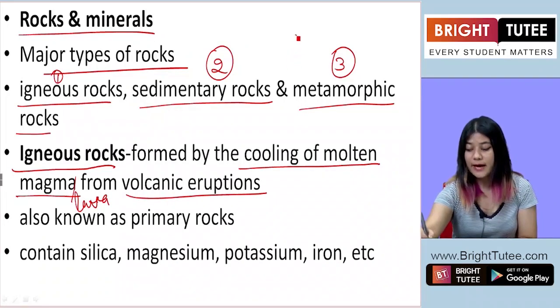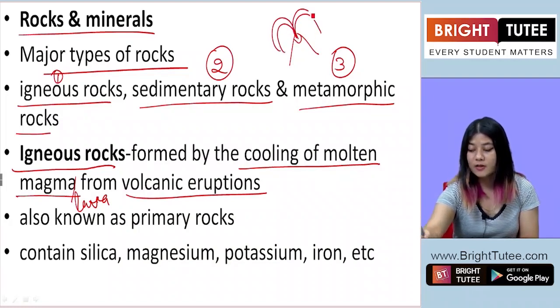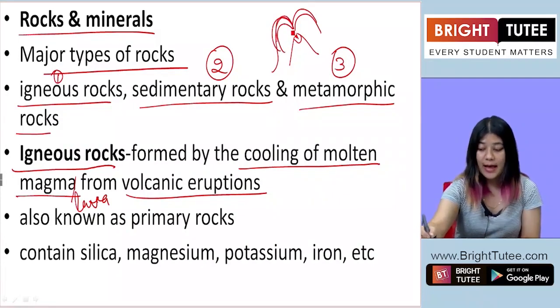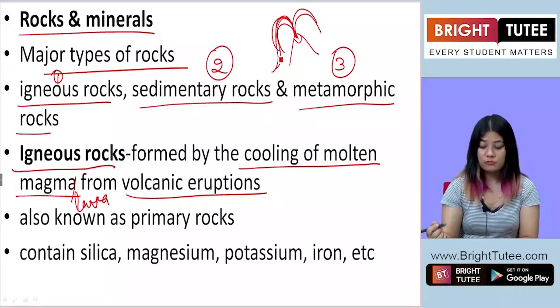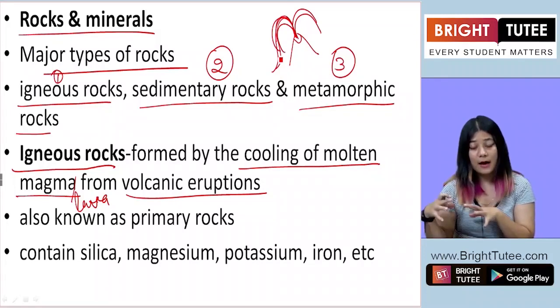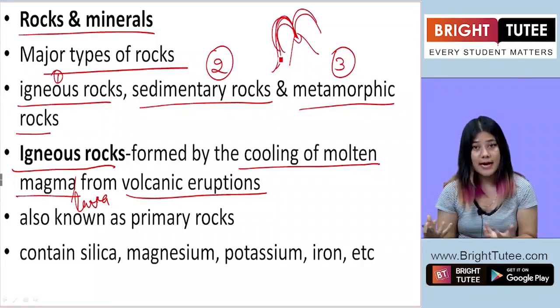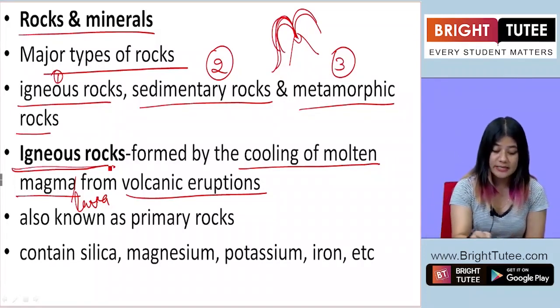When the volcano erupts, the hot magma or lava that flows out of it, once it cools, forms a type of rock which is called igneous rocks.